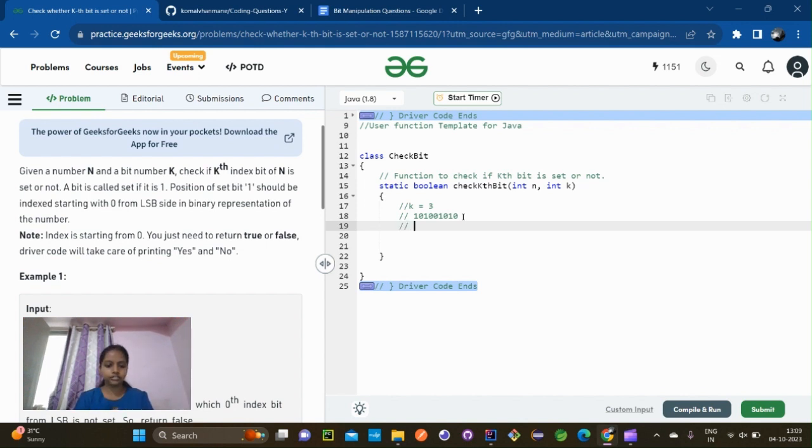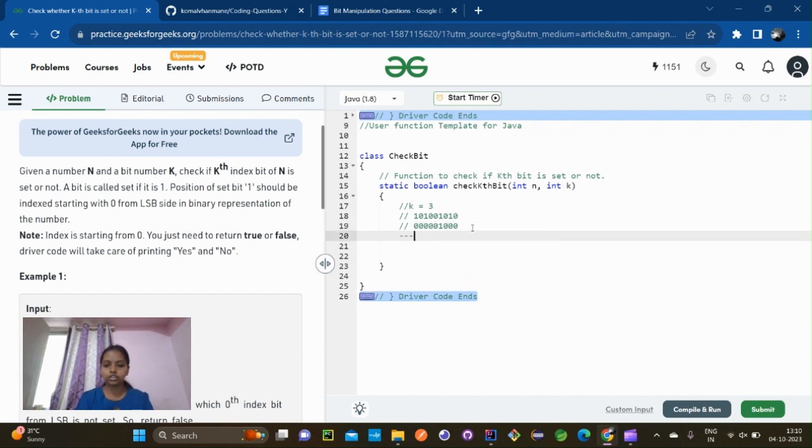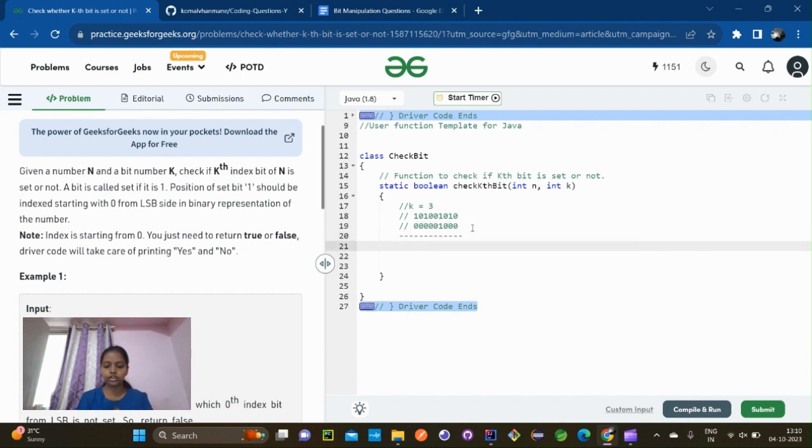Okay, so let's say I take a binary representation of a number, like this is the number. If I do an AND operation of both, then what will I get? We know the AND operation: if any one of the bits is 0, then the output is 0.